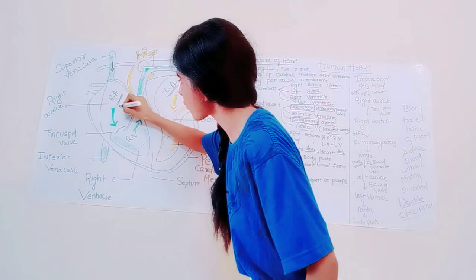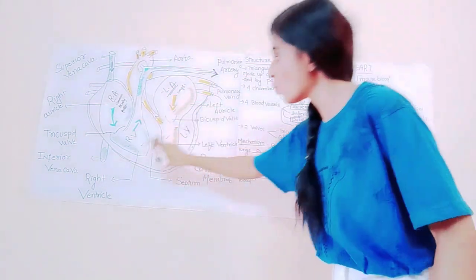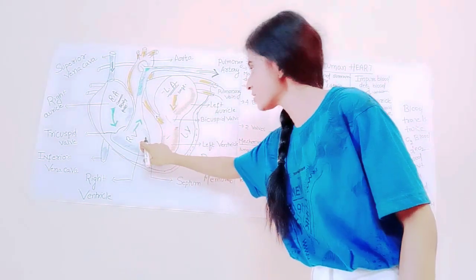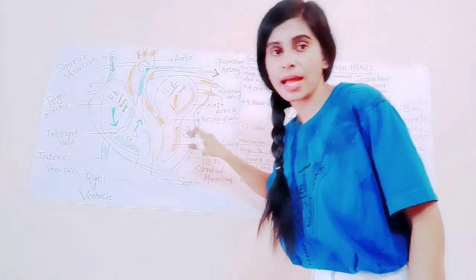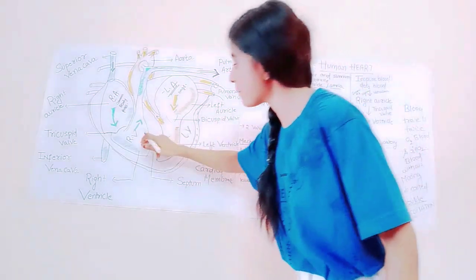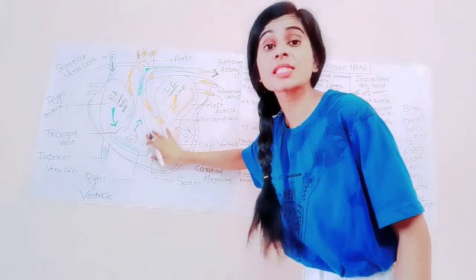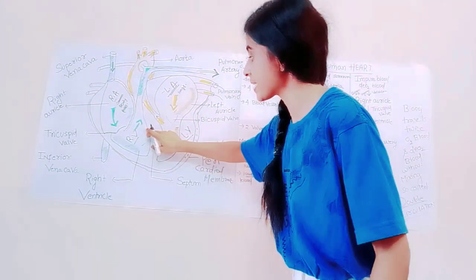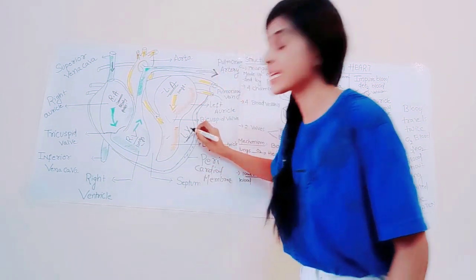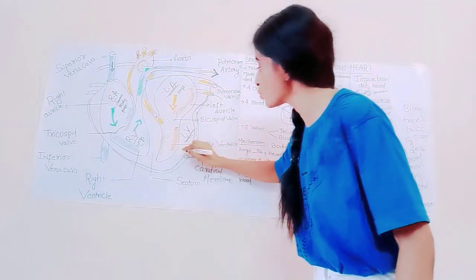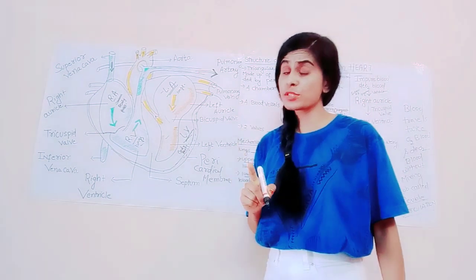And the lower 2 chambers, the right ventricle and the left ventricle, will pump the blood. The right ventricle will pump the blood to lungs, and the left ventricle will pump the blood to body parts. Don't get confused, guys.